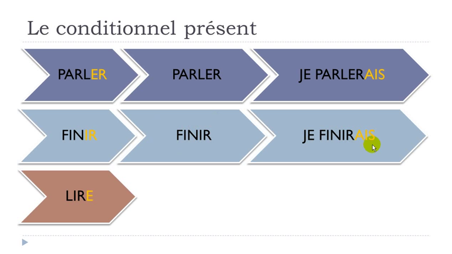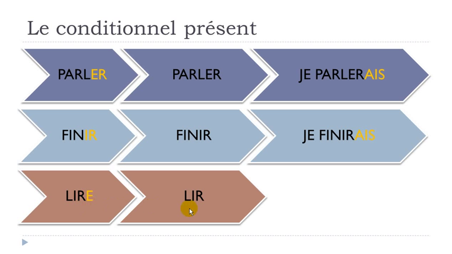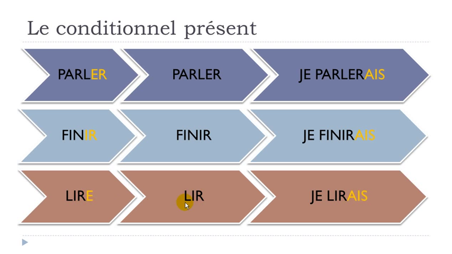Okay? For the third group of verbs, of course, we will have some exceptions. So we'll see that a bit later in this lesson. But still, the main rule is if it's ending like lire, to read, okay, with this final E, the idea is that you will take this away, as we quite usually do in French, okay, and after that you will add your ending.